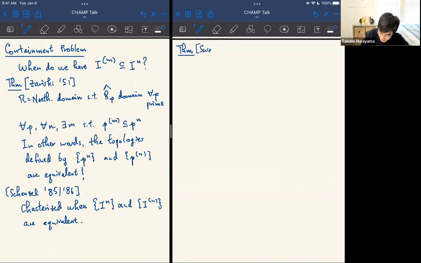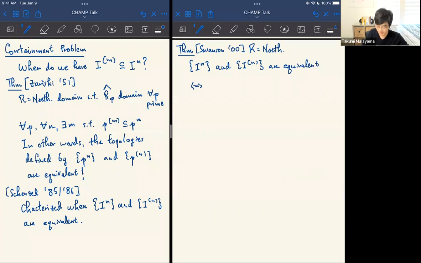And this is true. And this is due to Swanson in 2000. So let me state her theorem. Let R be a Noetherian ring. Swanson's theorem says that the system of ordinary powers and symbolic powers are equivalent if and only if there exists an integer k such that the knth symbolic power of I is contained in I to the n.